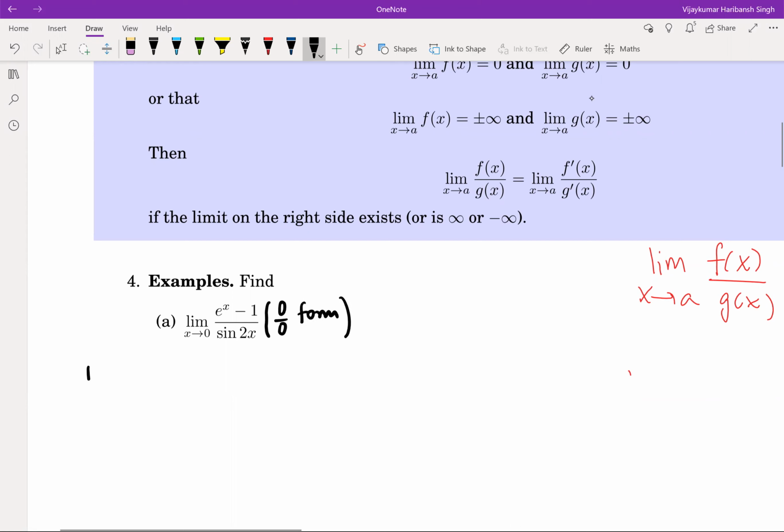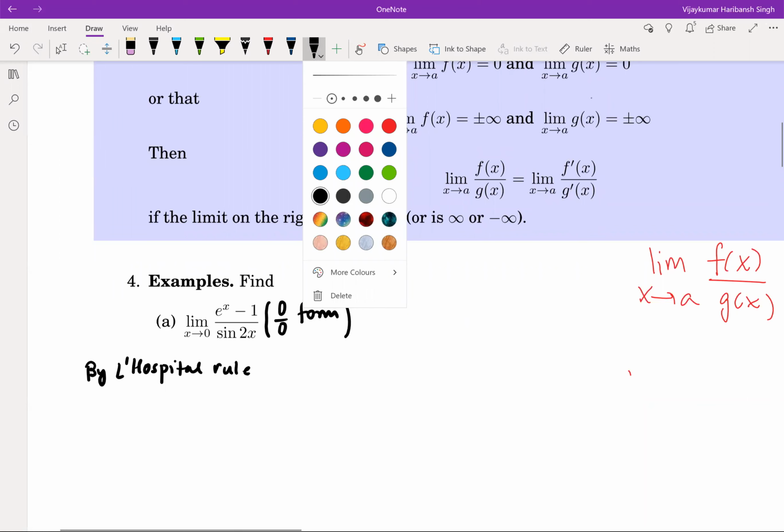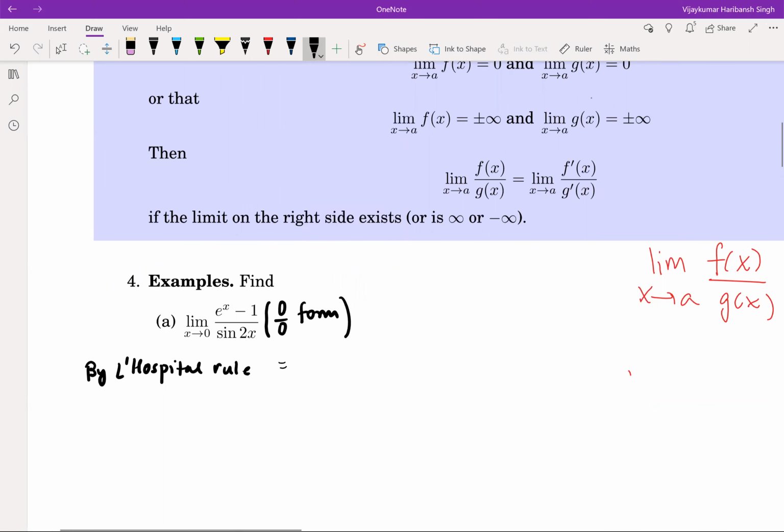So by L'Hopital's rule, this limit is going to be the limit as x goes to 0, derivative of the top, the numerator, e to the x minus 1, so the derivative of minus 1 is 0, so that disappears, and the derivative of the bottom, sine, the derivative is cosine, so cosine of 2x multiplied by 2.